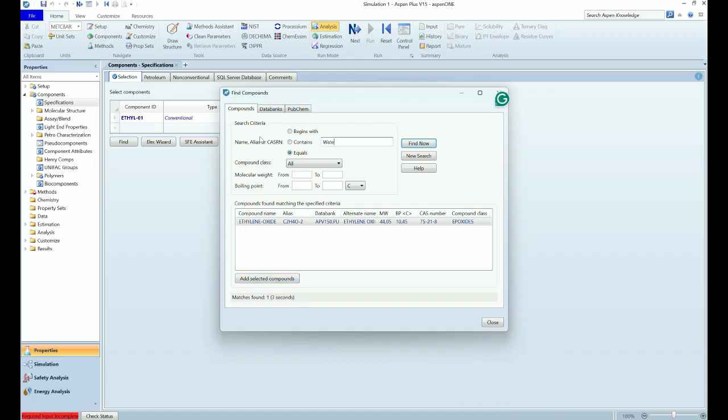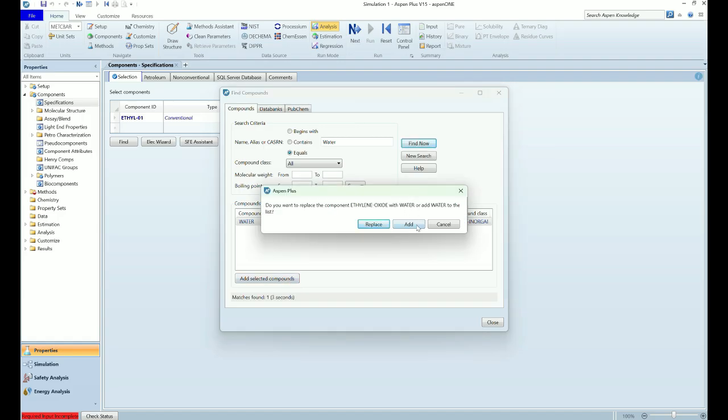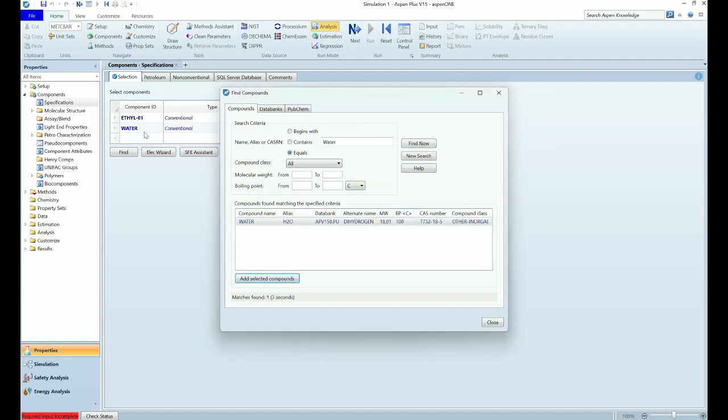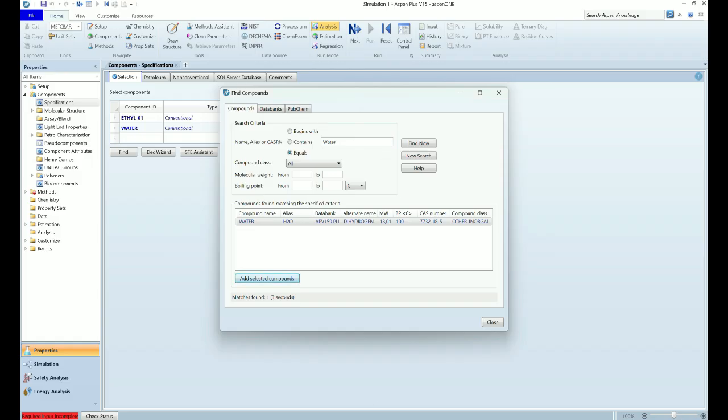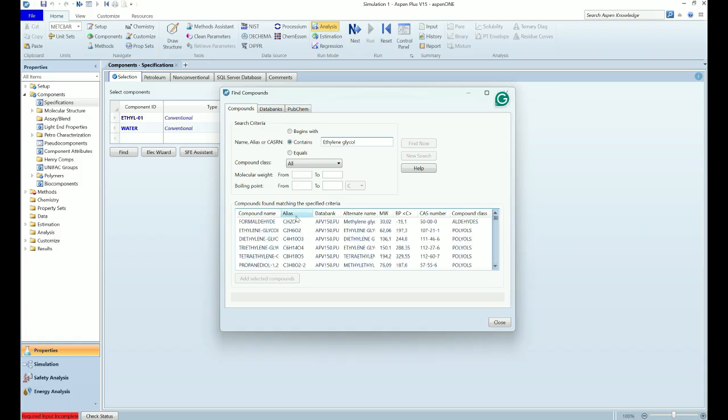Water, remember clicking add instead of replace, okay. Ethylene glycol as our main product. I think we don't find it here. Let's check using contains. Ethylene glycol here.